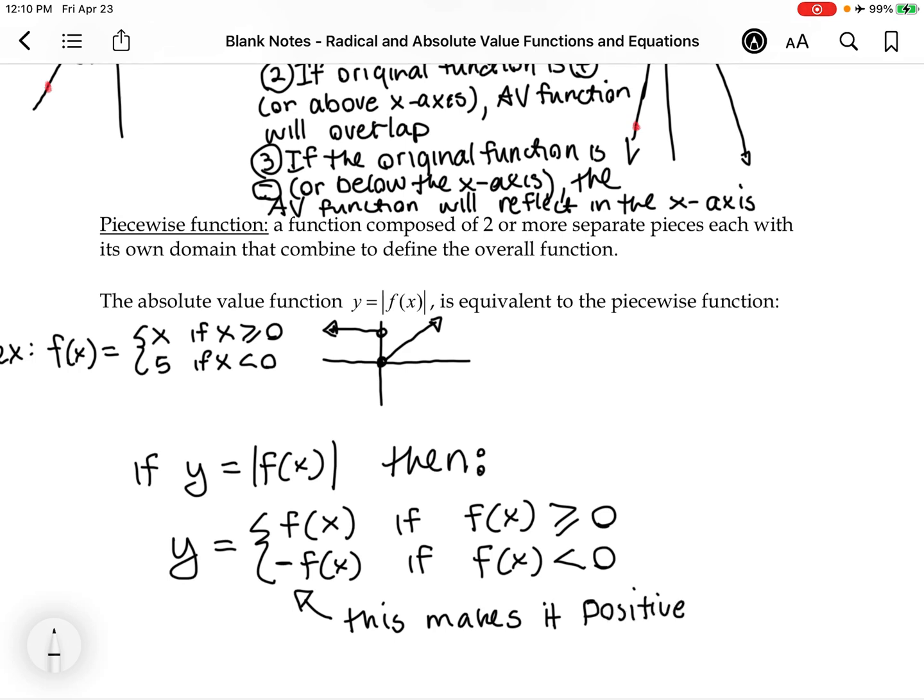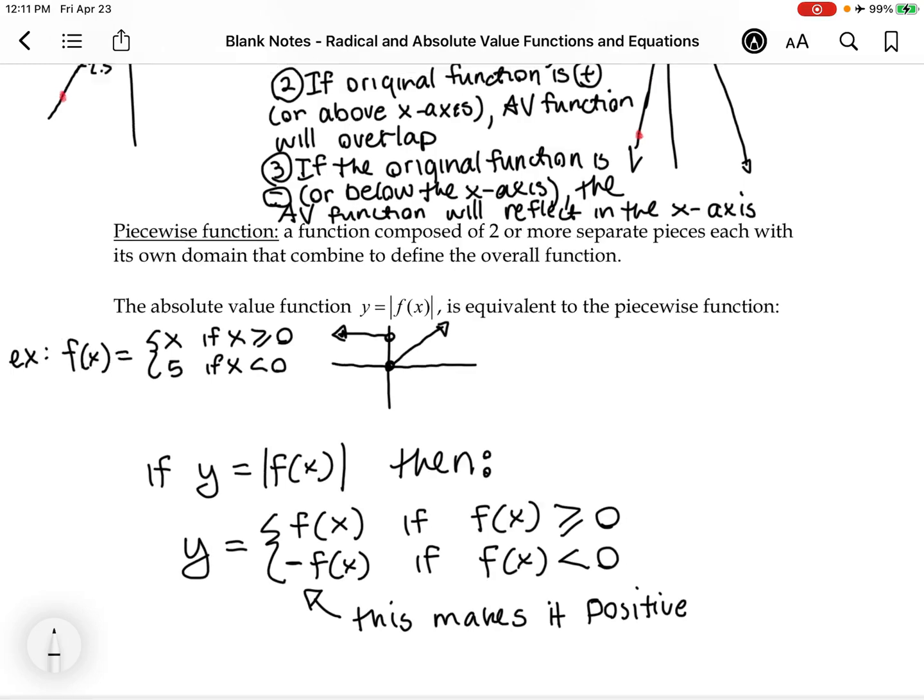Since f of x is negative in the first place, if you stick an extra negative sign in front of it, you've got two negative signs, that makes it positive. Okay, so now we've essentially expressed the absolute value function as a piecewise function. Okay, and we're going to practice doing this.